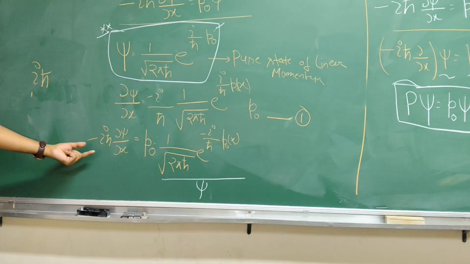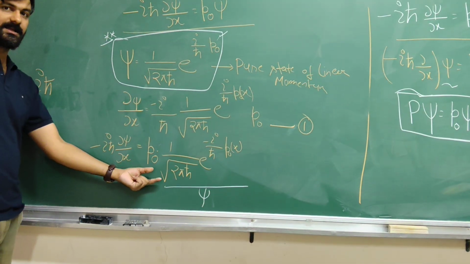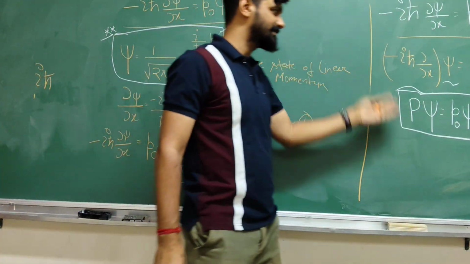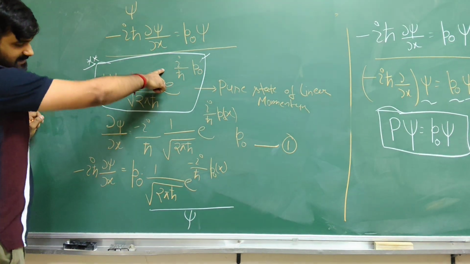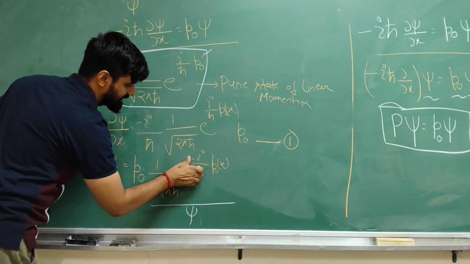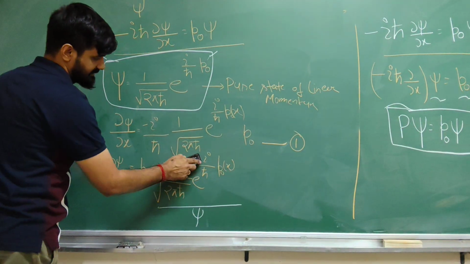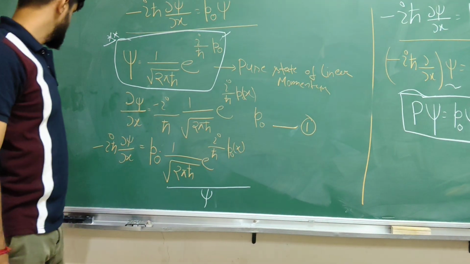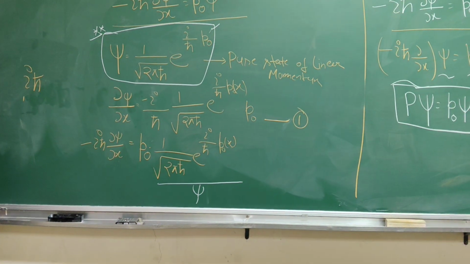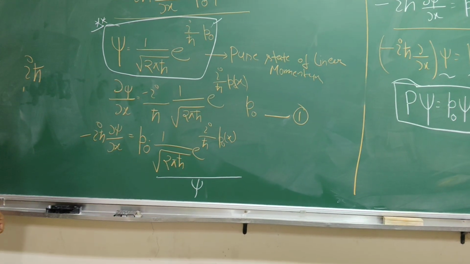So you will be multiplying with plus iħ on both sides, and you will be getting the same expression. The expression will not change.